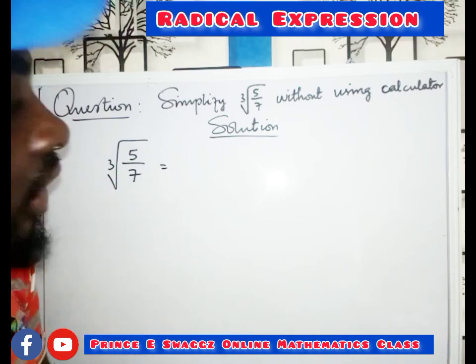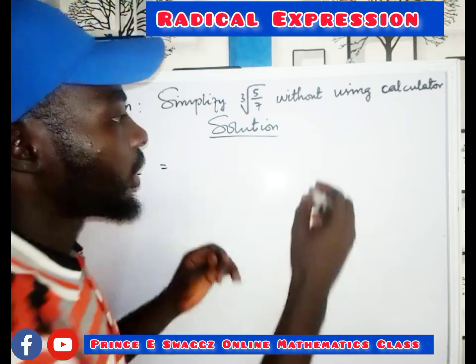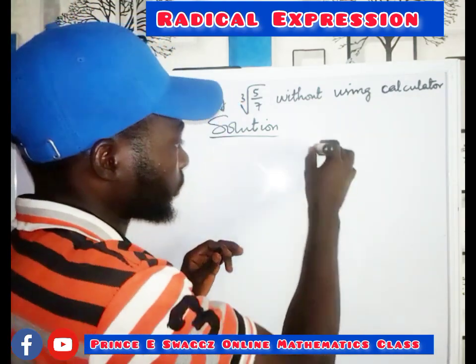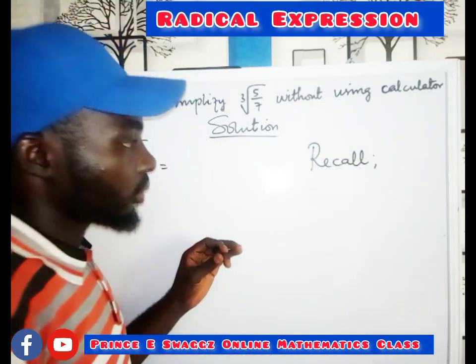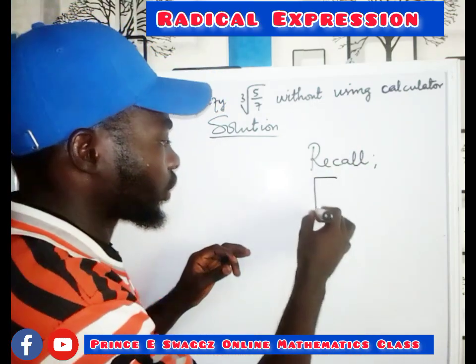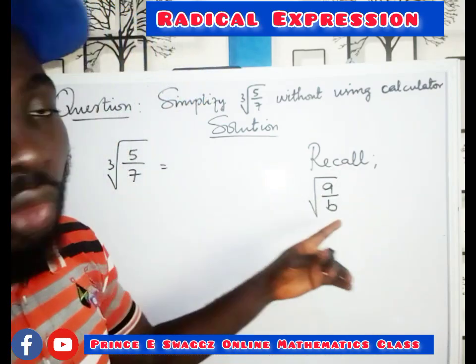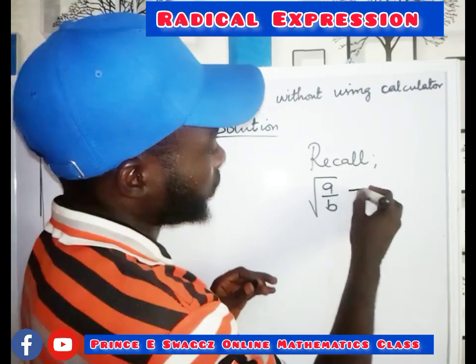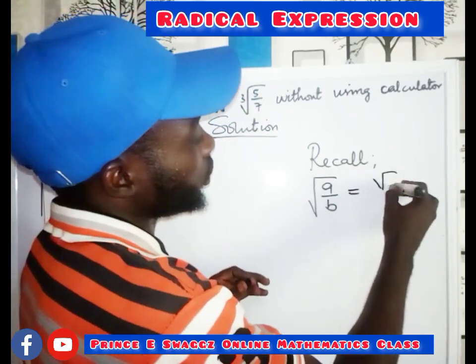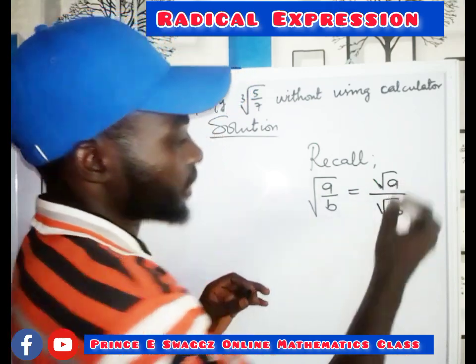Now, to simplify this without using a calculator, let's recall surds. If we have the square root of a over b, you agree with me that this is similar to the square root of a over the square root of b.